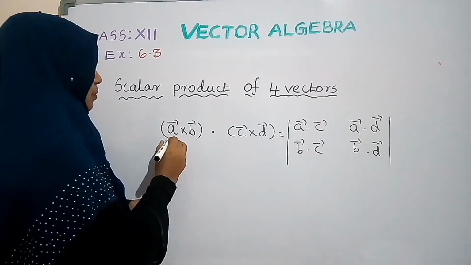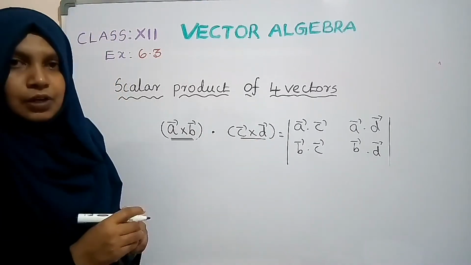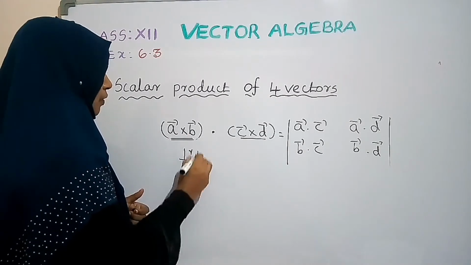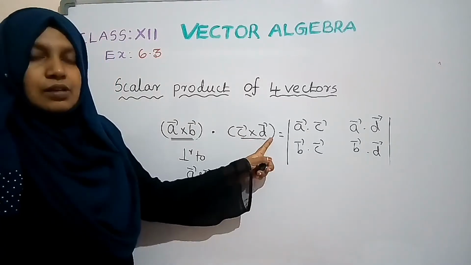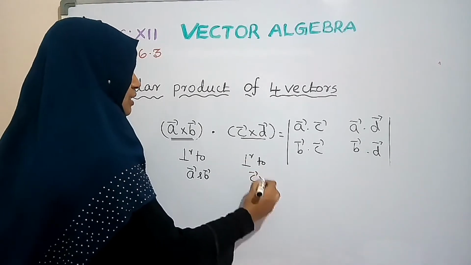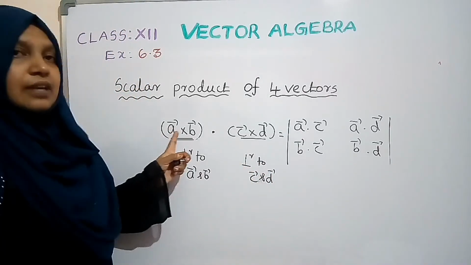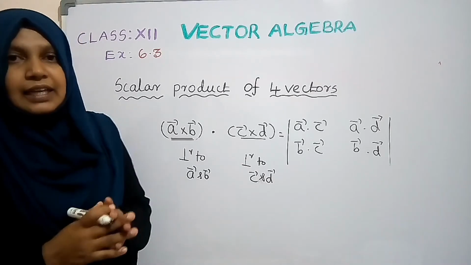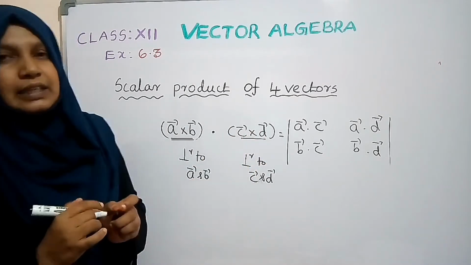So first the cross product between A and B, then the cross product between C and D. We know A vector cross B vector is perpendicular to A vector and B vector, and C vector cross D vector is perpendicular to the plane containing C vector and D vector. The cross product is always perpendicular to the plane containing those two vectors.